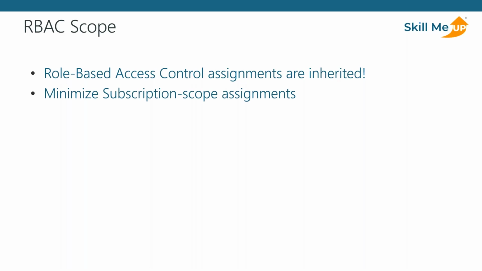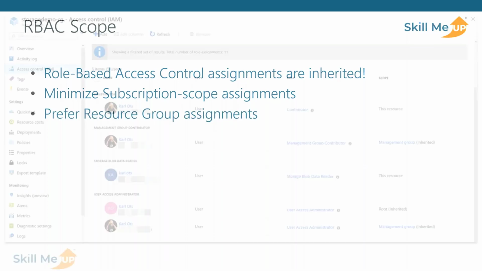So you should really drive to minimize your broad subscription level scope assignments altogether and prefer the resource group assignment. There are some scenarios, such as creating Kubernetes clusters or setting subscription-wide settings, that do require a little bit different type of approach, but we do have ways of elevating privileges or putting that behind a controlled environment if needed.